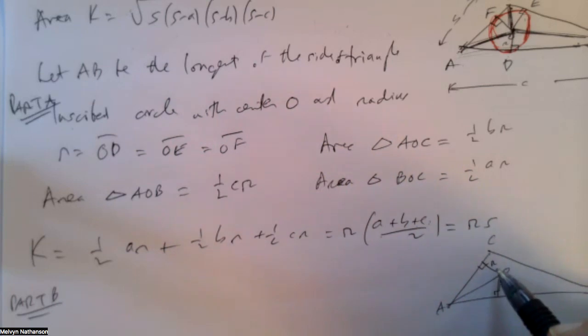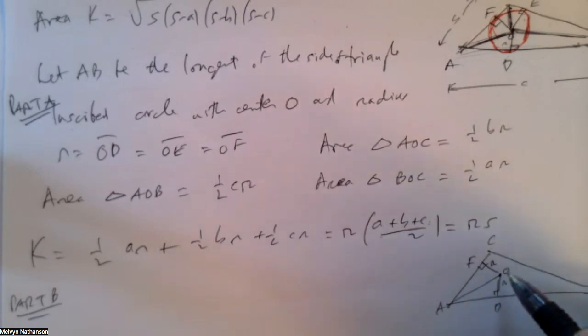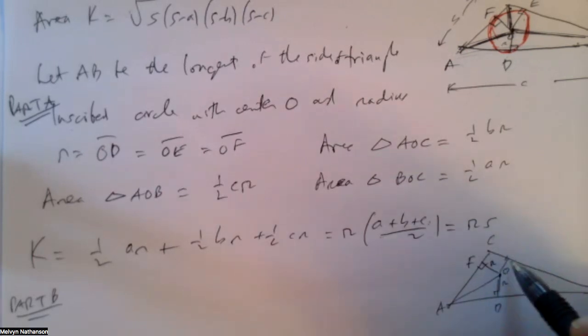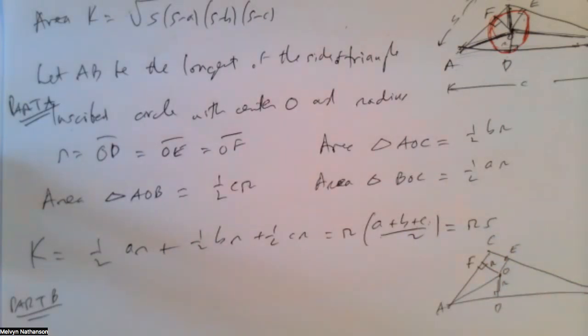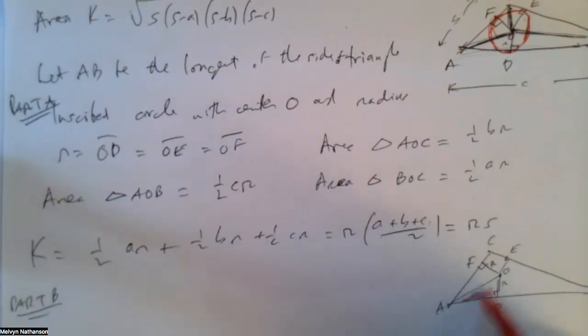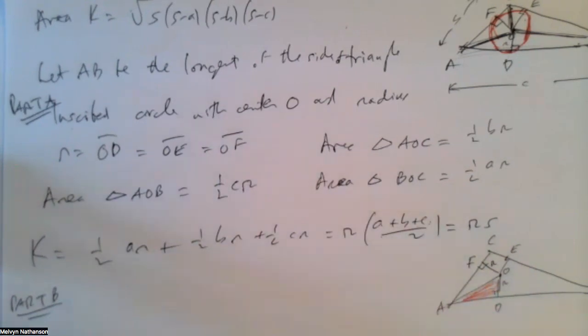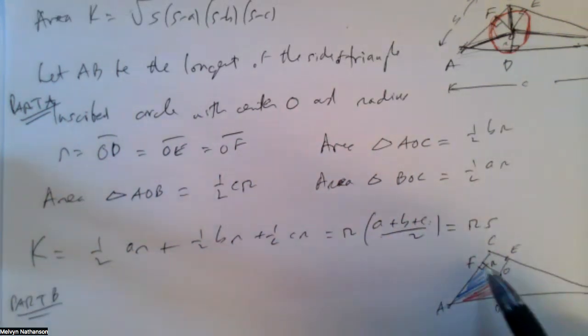If I look at these 2 right triangles, let me call this F, and this D. If I made this perpendicular, this was what I called E. I can look at this triangle and this triangle. So these are 2 right triangles.